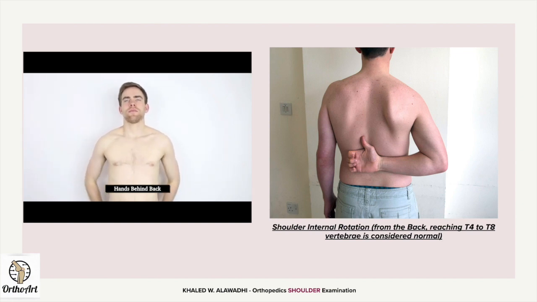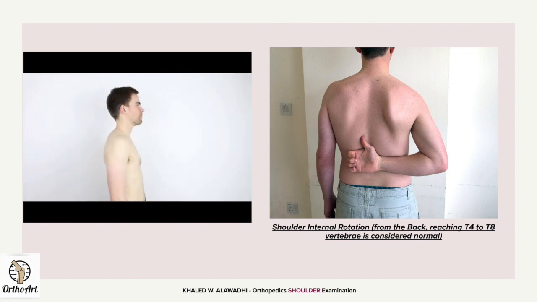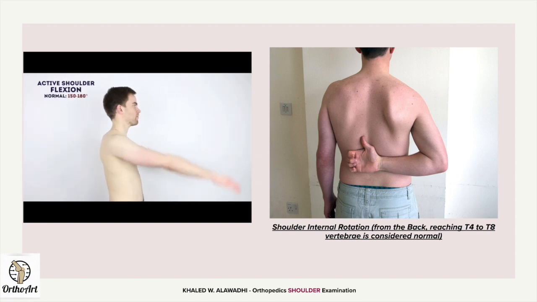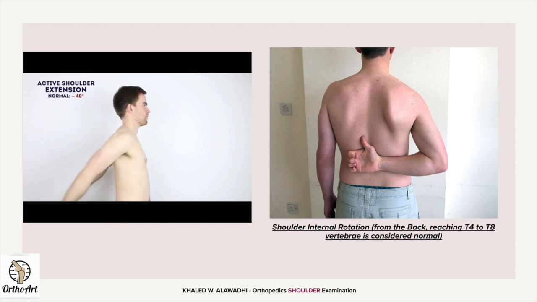Brilliant, and relax again. Okay, James, we're going to do some further movements now. If you could just copy what I'm doing. First of all, bring your arms out in front of you as high as they'll go. Now bring your arms back down and take them back behind you as far as they'll go, like this. Fantastic. And relax.